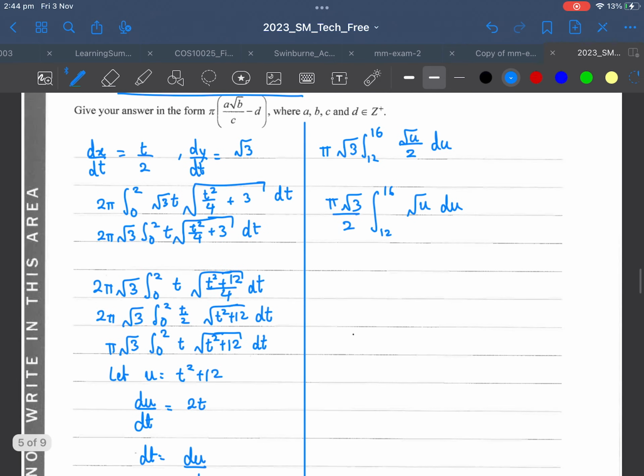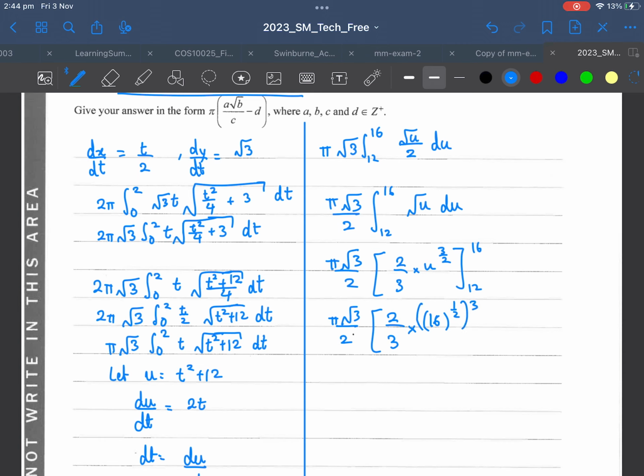And now let's integrate, so pi root 3 on 2, and this would be 2 over 3 times u to the power of 3 on 2, 12 and 16. So pi root 3 on 2, 2 on 3 times 16 to the power of half times 3, minus 2 on 3 times 12 to the power of half to the power of 3.